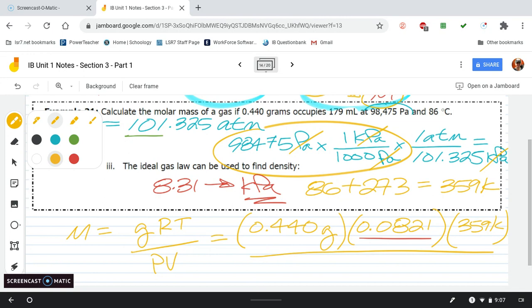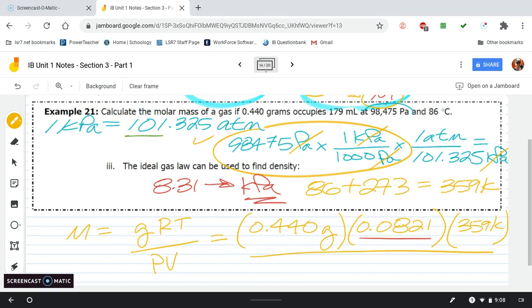So I'm going to do 98,475 divided by 1,000. And then I'm going to divide it again by 101 works, but I'll use the full conversion, 101.325.